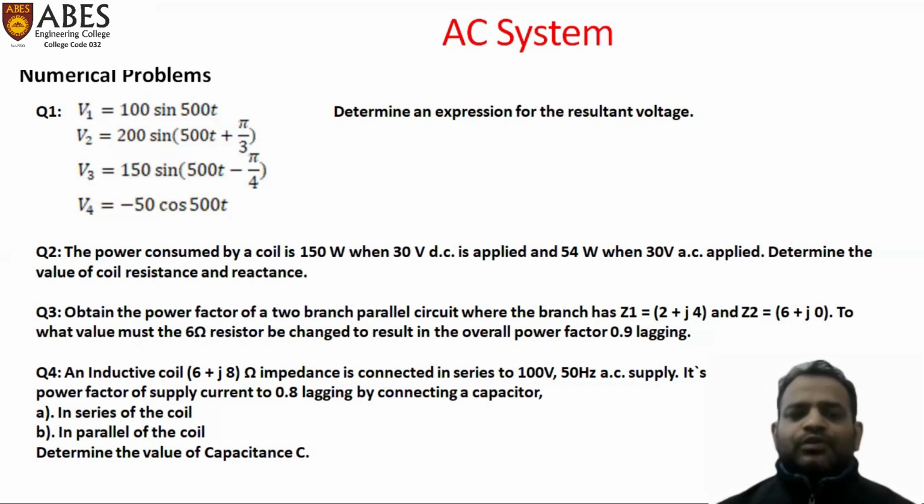In question number 4, again this is a power factor improvement question, where a capacitance is needed in series or in parallel in order to change the power factor to the desired value. At the start it is 0.6, and later, when we improve it, it is 0.8 lagging.